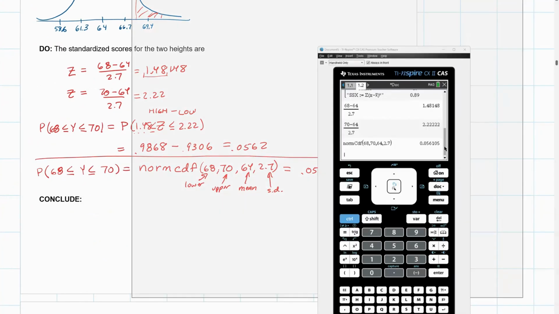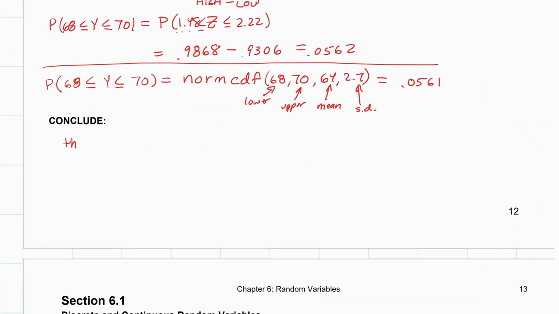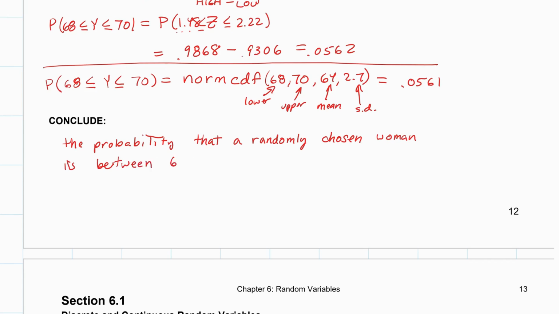What's our conclusion? Our conclusion is the probability that a randomly chosen woman is between 68 inches and 70 inches in height is 0.0561.